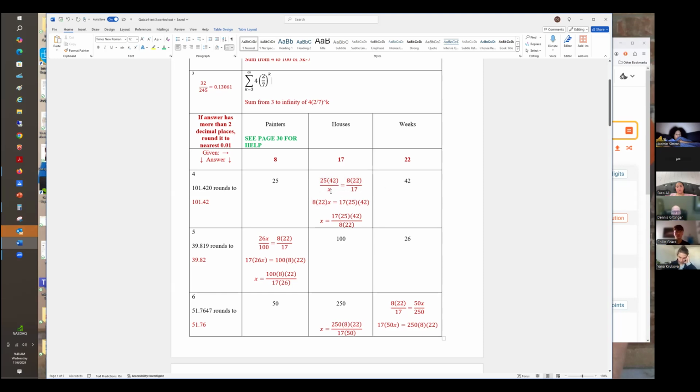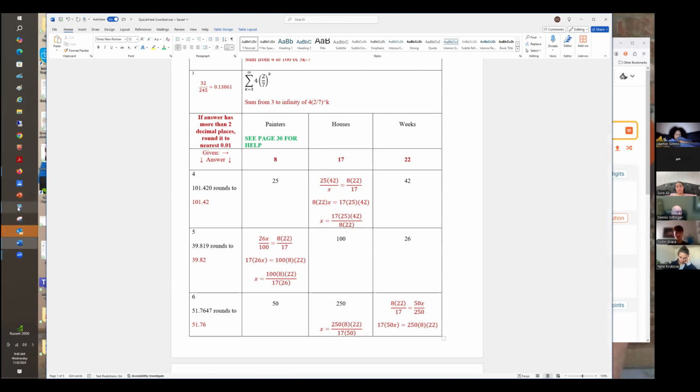So there it is. Then you cross multiply, which means I like to find X and its partner is on the other side of the equal sign and the other side of the fraction board. So this is 8 times 22X or 8 times 22 times X. It's the same thing. Doesn't matter. Equals 17 times 25 times 42.